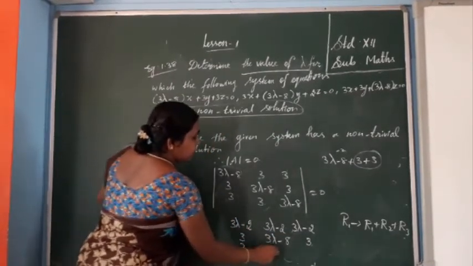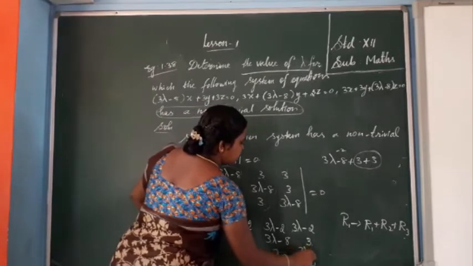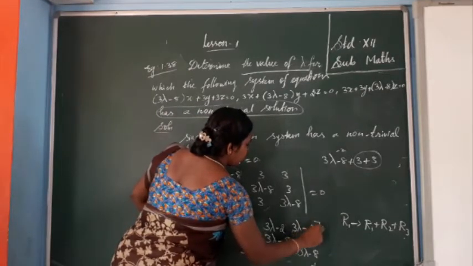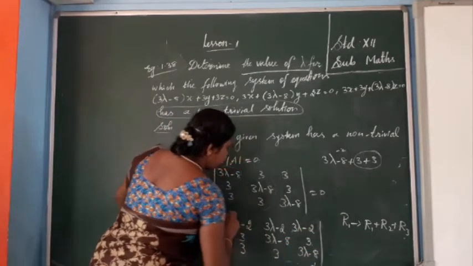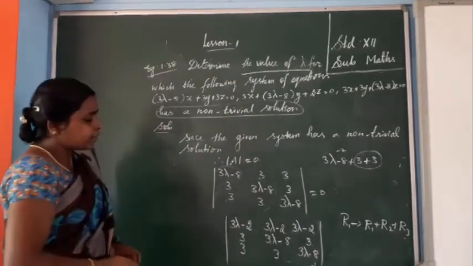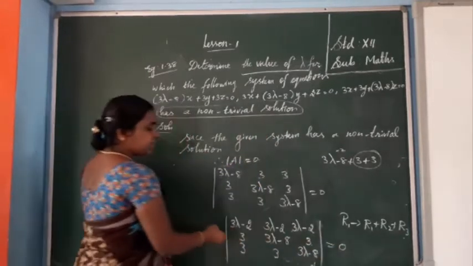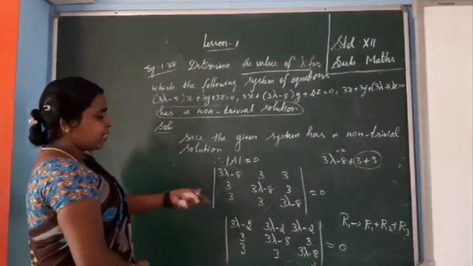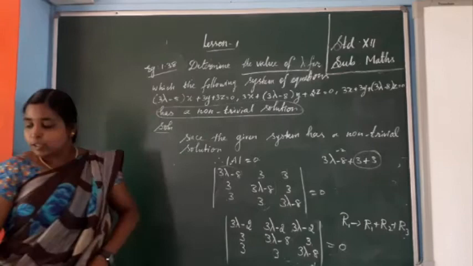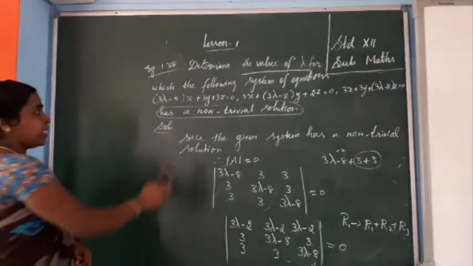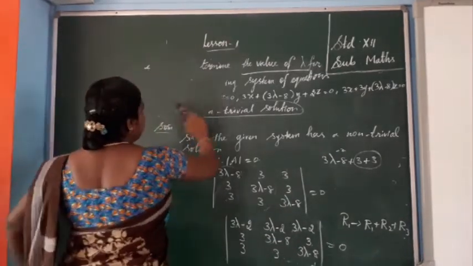Third row: 3, 3, 3 lambda minus 8. This is a determinant, not a matrix. Next, you see this first row: all the elements are the same, so we can take 3 lambda minus 2 outside.